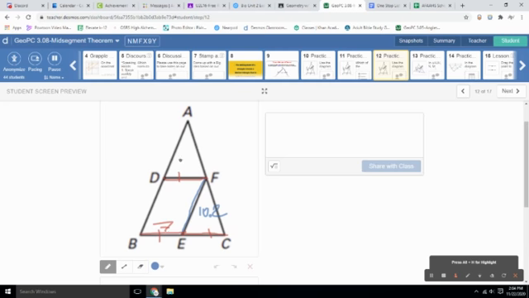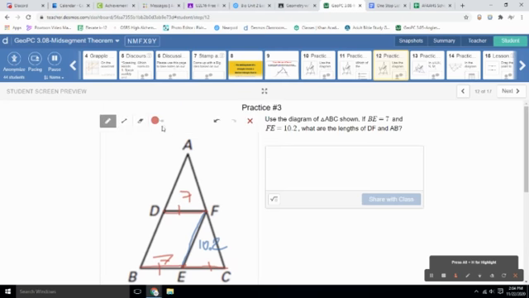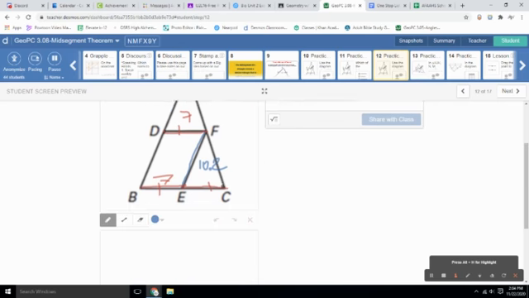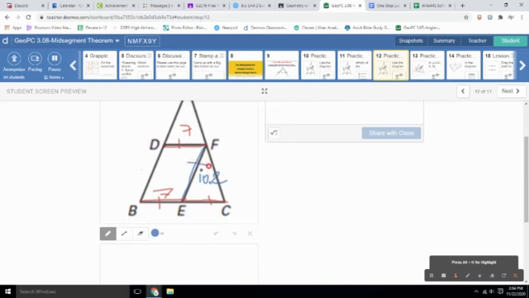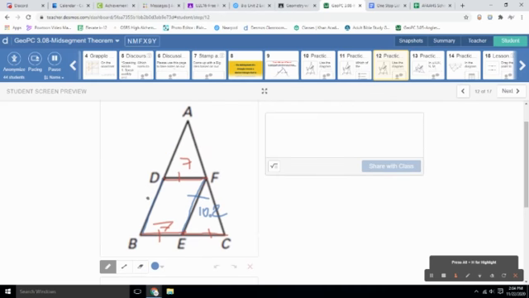So if this is 7, this one must be 7 also. Now let's finish the ones in blue. We know that this one is equal to this one, and it's also equal in length to this one. So if this is 10.2, this side must also be 10.2, and this one must also be 10.2.